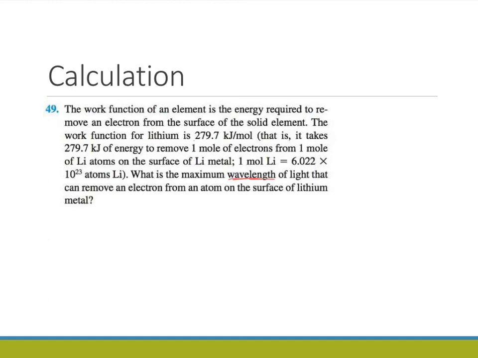We know the work function is 279.7 kilojoules per mole. Let's rewrite that. 279.7 kilojoules per mole. Now I want to find out what the wavelength of that one single photon is. So I'm actually going to turn this, number one, into joules. 1,000 joules is 1 kilojoule. And then I'm going to turn it into one particle.